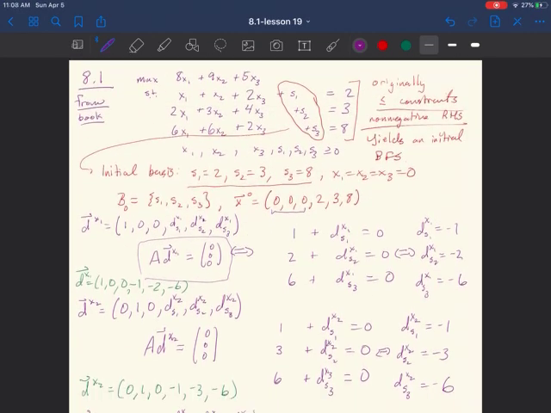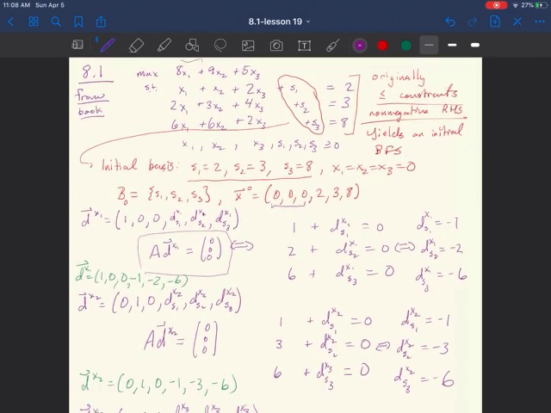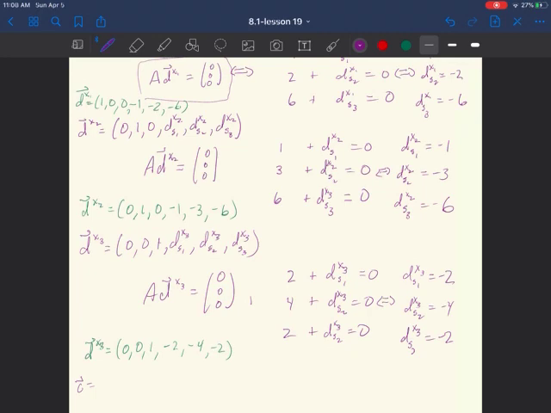Well, it's because the c vector here, remember what those are, is the coefficients in the objective. So it's these coefficients here. Those coefficients look like 8, 9, 5.